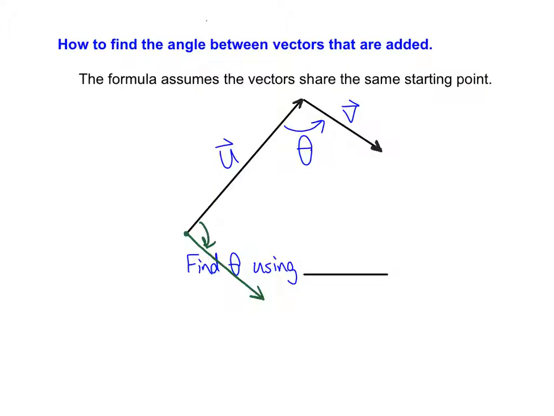We could say this a number of different ways here. Notice v is still going to be parallel to itself. So theta and this angle down here is going to be 180 minus theta. But this is what the formula gives.